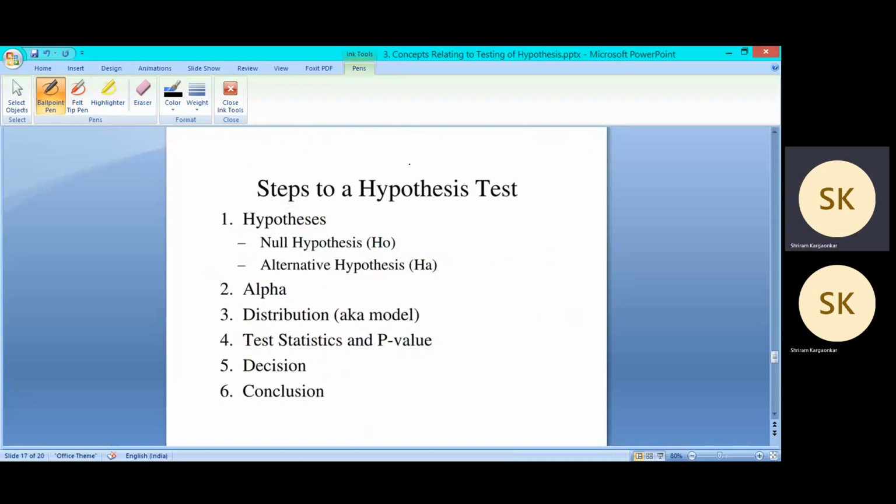Steps for testing of hypothesis. First of all, you state the null hypothesis H0 against the alternative hypothesis. Then decide the level of significance. If it is not mentioned, by default it is 5%.